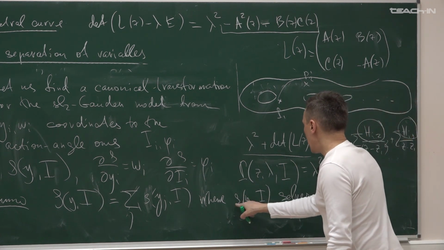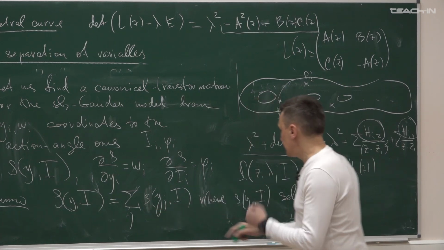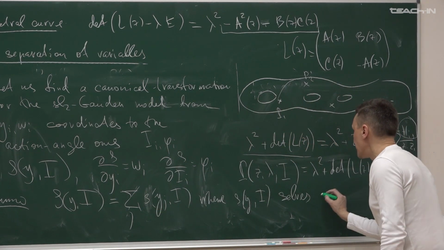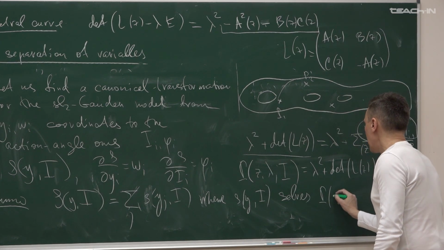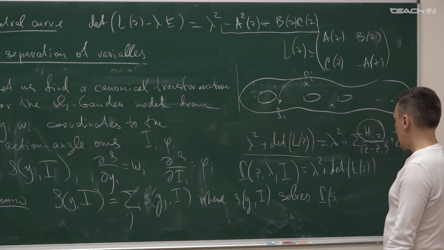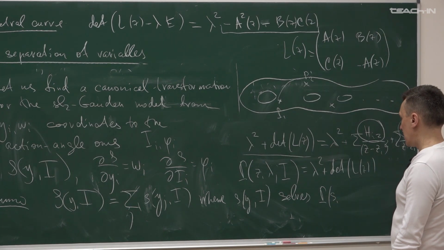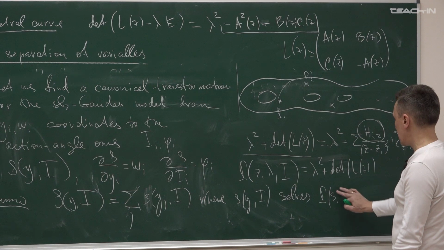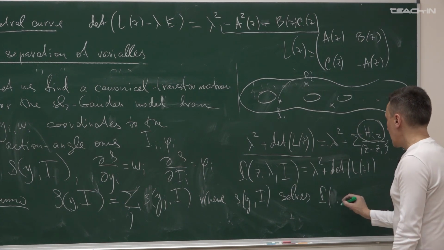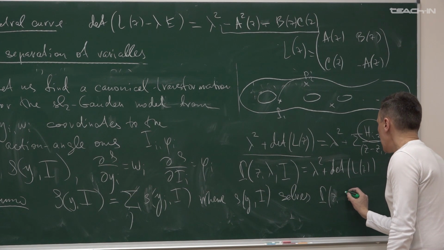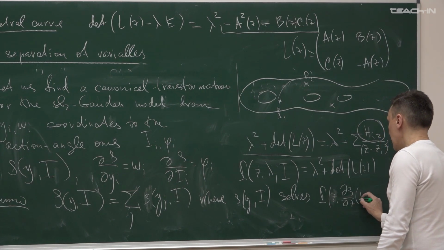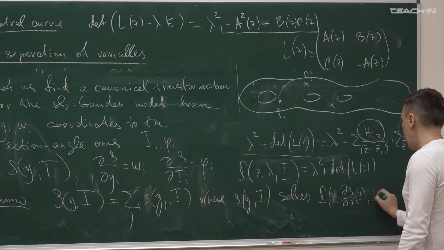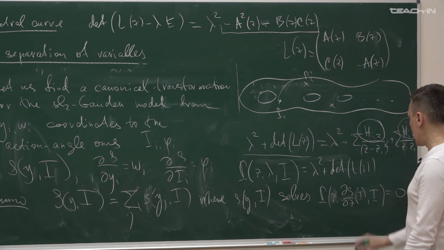So this small s solves the following equation: P of z and ds over dz, depending on all other variables and I, is equal to 0.